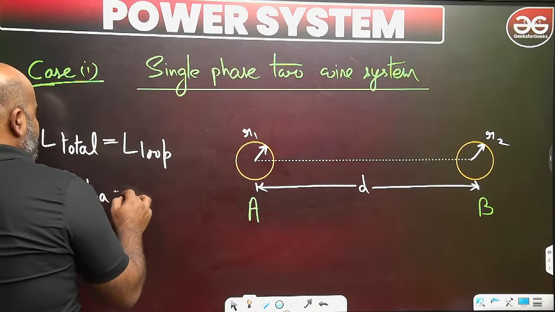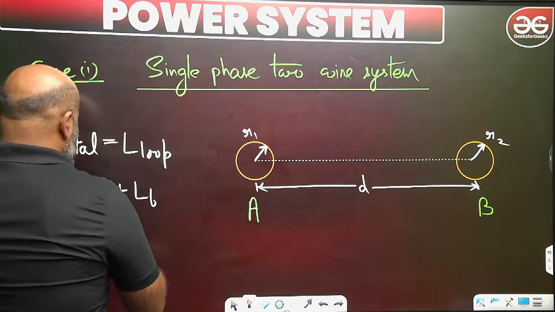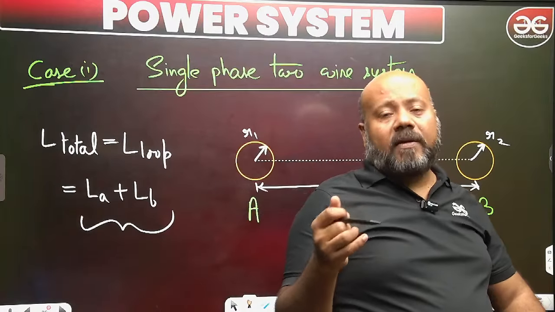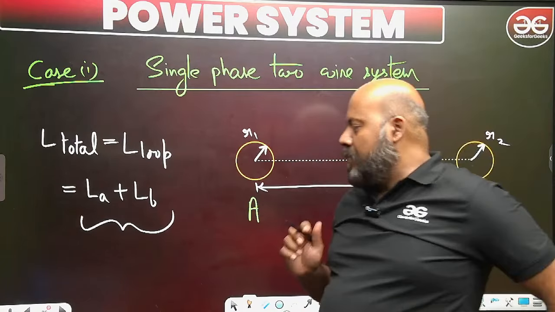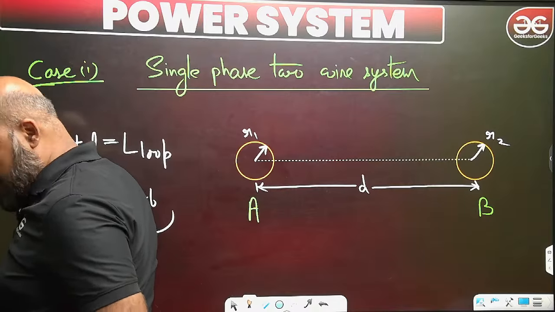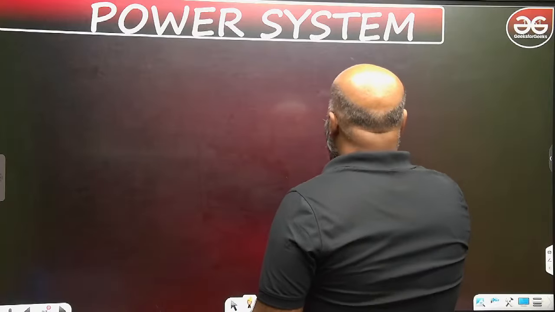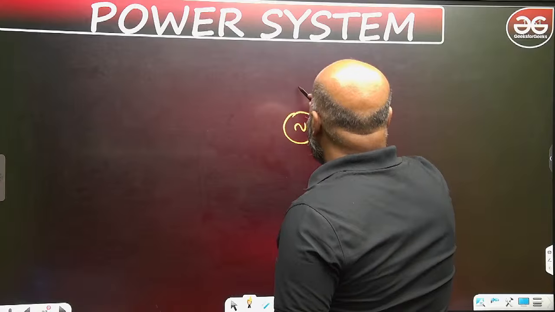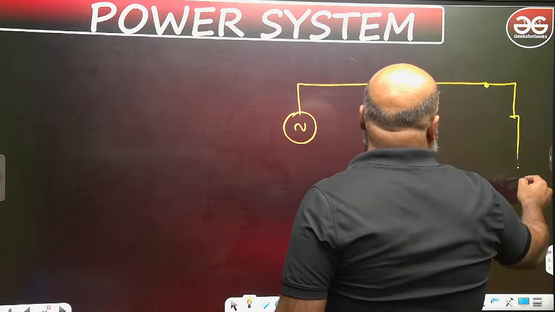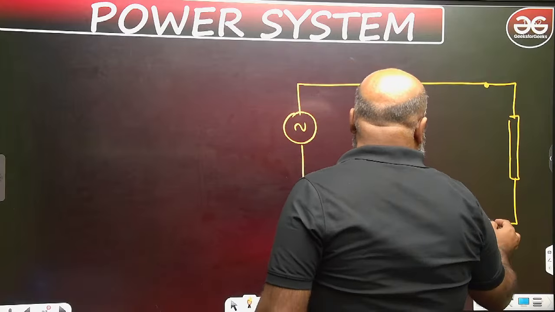equal to LA plus LB. Do you understand why we are writing it like this, loop inductance or total inductance? Simple reason. Suppose this is the circuit, this is the forward line, this is how the load is connected, and suppose this is the return path.